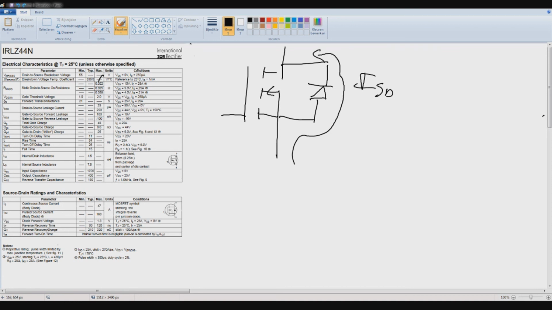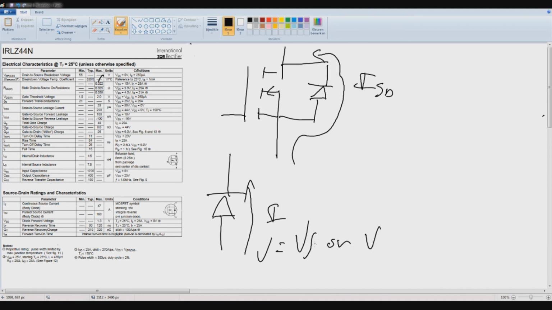And VSD, which is the diode forward voltage, as you probably already know, hopefully, means that there must be a minimum voltage for the diode to conduct in this direction, and that's only if the voltage is equal or greater than the forward voltage.